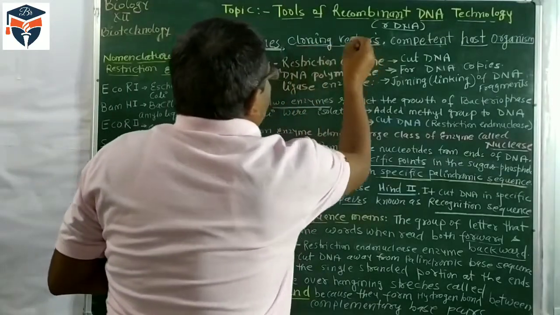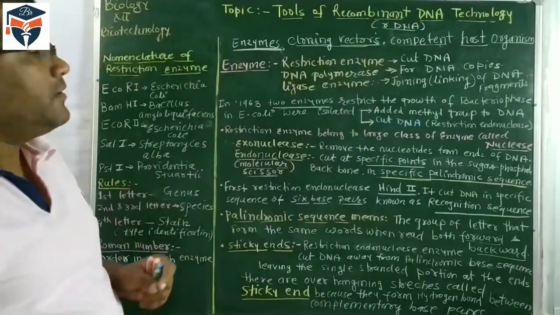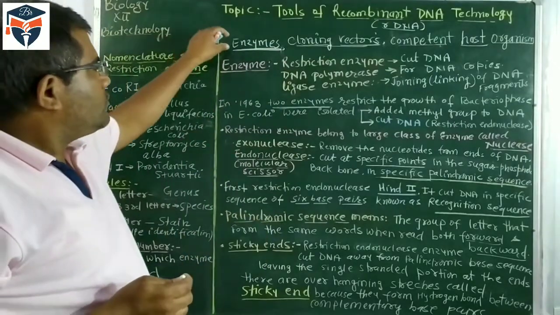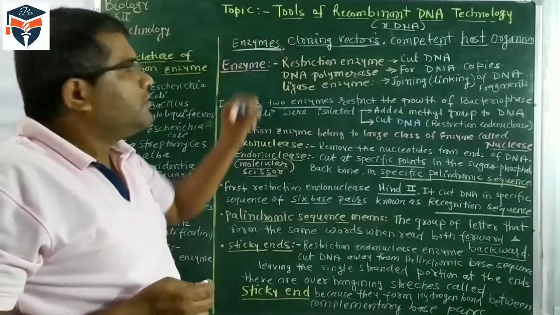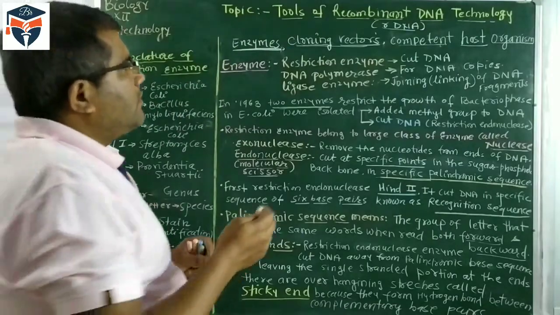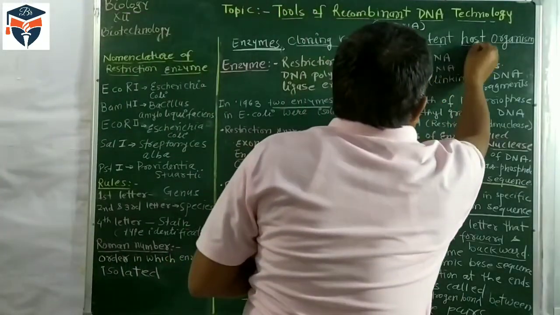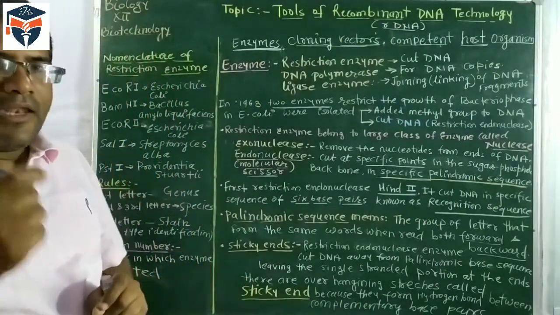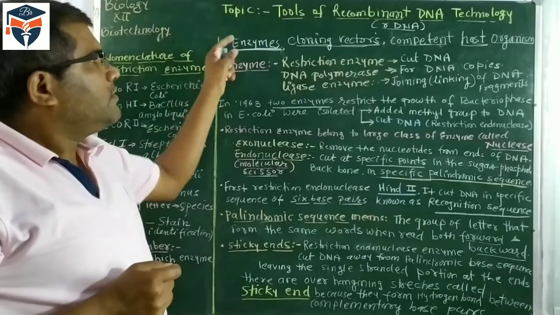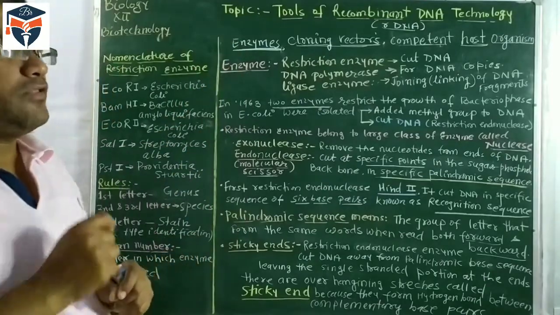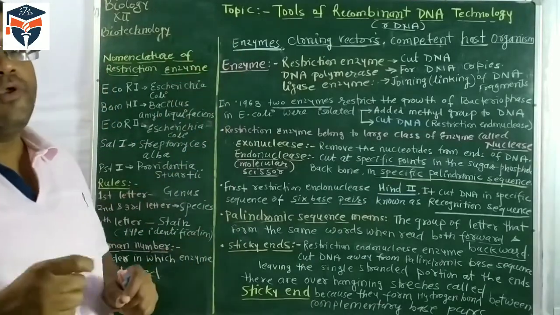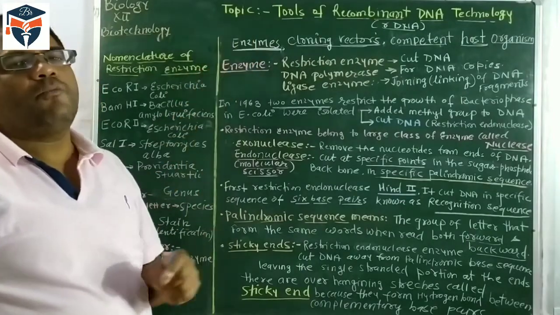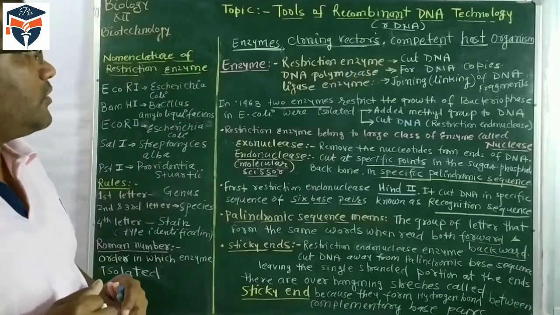The second tool is the cloning vector. We will discuss all these tools one by one. So the first tool is enzymes, the second tool is the cloning vector, and the third one is the competent host organism. These are the three basic tools in recombinant DNA technology. In this video we are discussing the enzymes, the tools of recombinant DNA technology.